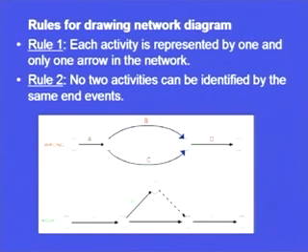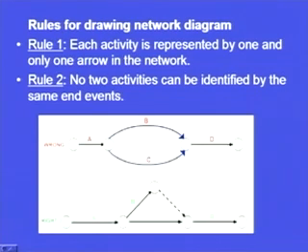Now, let us first see what the arrows and the nodes are. Although this diagram is wrong, let me explain with it. This arrow represents activity A. Here only the names of the activities are given, but we can also incorporate the time and other resources into this nomenclature.